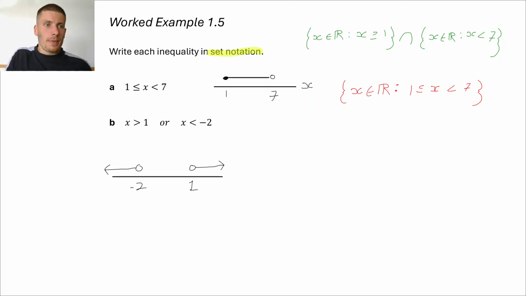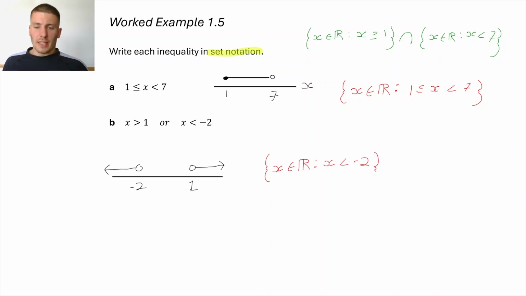Using set notation, and let's do this in red. So this one, let's go and use our curly brackets. So x belongs to the real numbers such that, first of all, considering this region over here, okay, such that x is less than -2, okay, and it is less than, not including, because it's not a line underneath our symbol there.